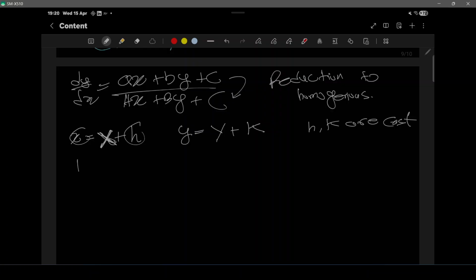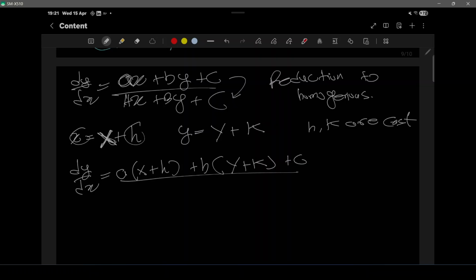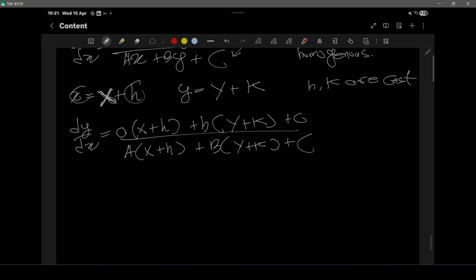If we do this substitution, what do we get? dy over dx is equal to a times capital X plus h, plus b times capital Y plus k, plus c, over capital A times x plus h, plus capital B times y plus k, plus capital C. If we simplify, what we get is ax plus by plus.